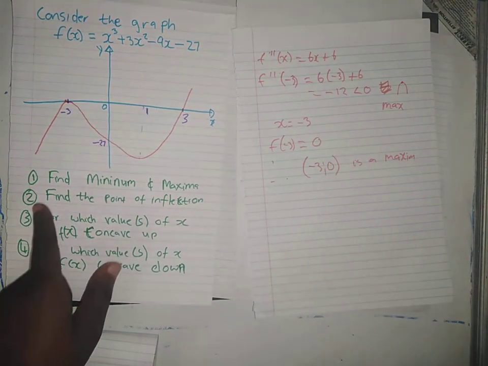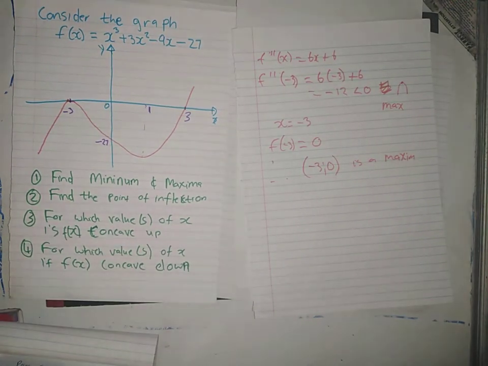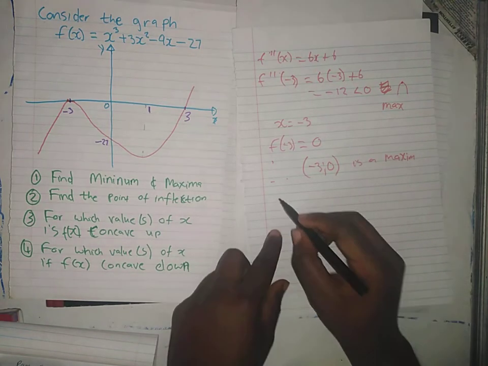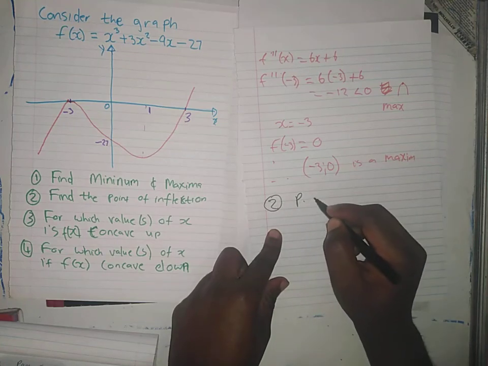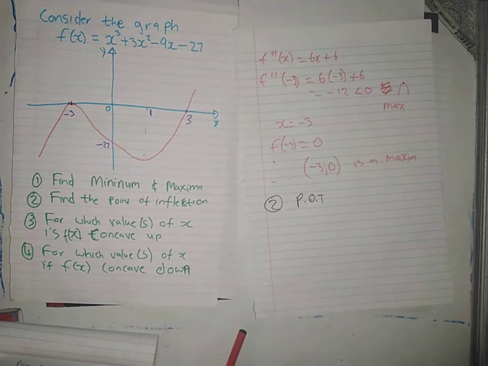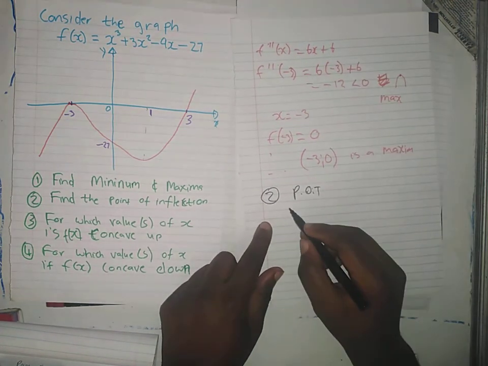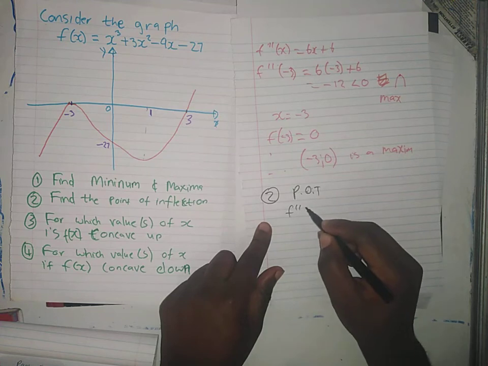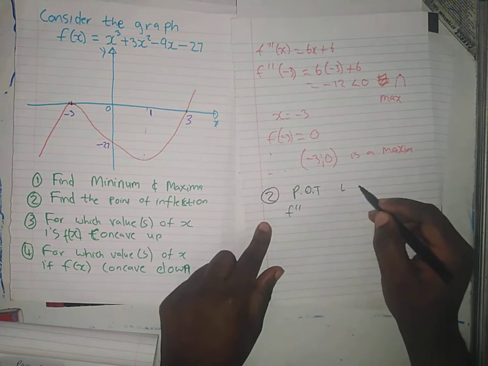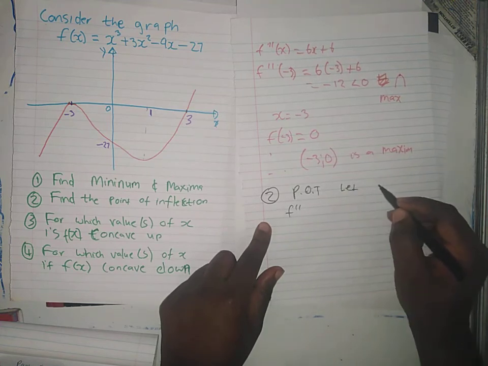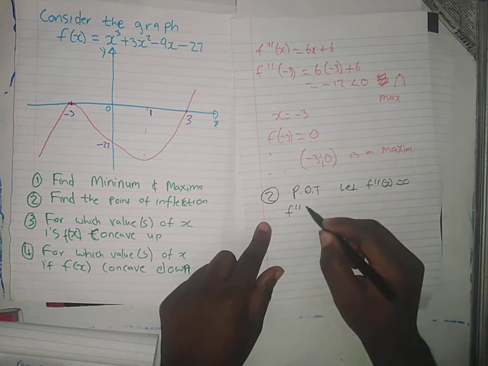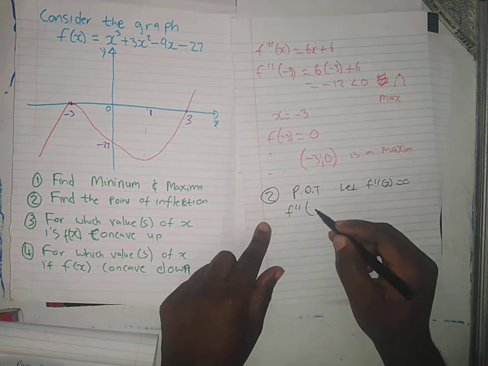Now, point number 2, they say we must find the point of inflection. We know that for the point of inflection, we need to find the second derivative. But we've already found the second derivative. There it is. So we let f prime prime at x be equal to 0.